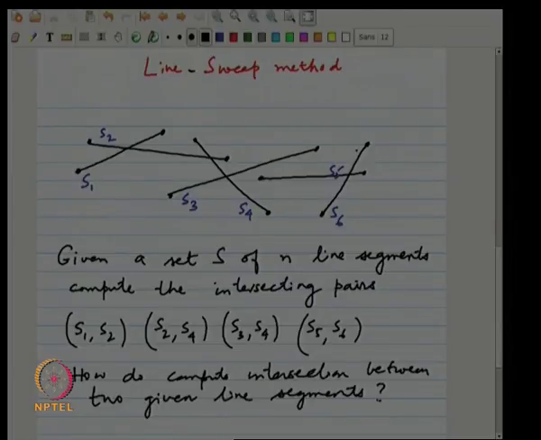The 2 endpoints, right? The natural description is to look at the 2 endpoints of each line segment. So your input is given in the form of two pairs of points, the endpoints of each line segment. So how do you compute the intersection of 2 line segments? Somehow that must be the primitive, right?